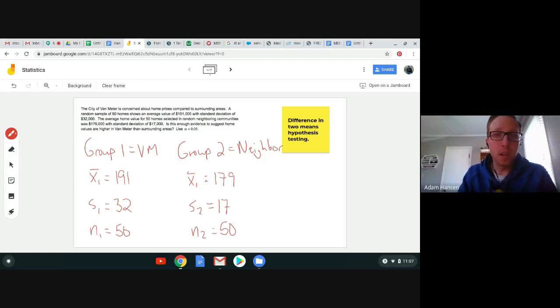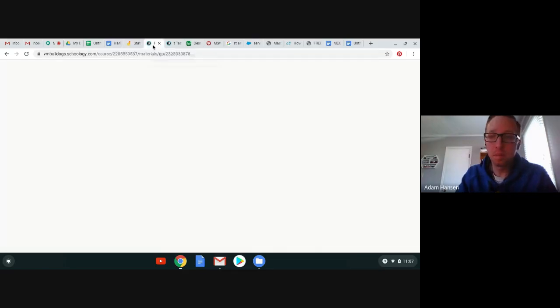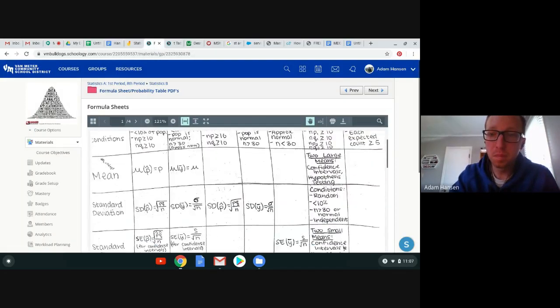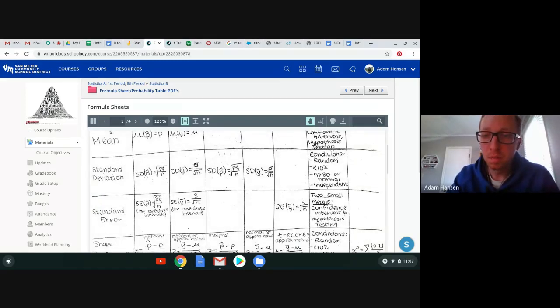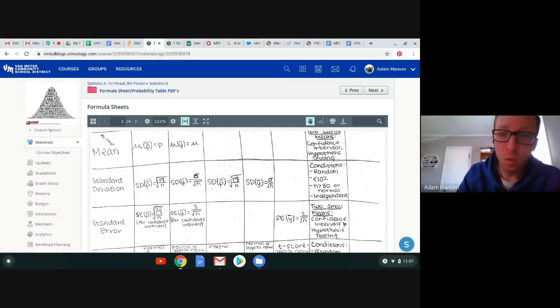All right, let's go ahead and first check our conditions. We have to have a random sample of homes that represents 10% of the population with an independent sample of at least 30 homes for two large means.